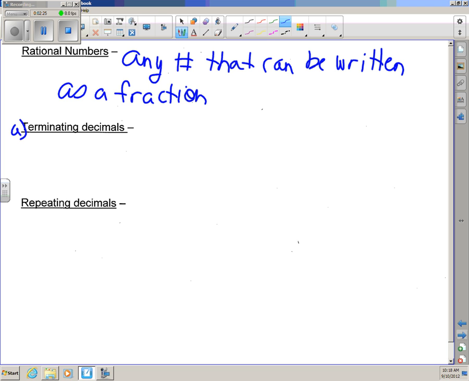If you think about a terminating decimal that ends, think about the number 0.5. Well, that's just a fraction that's equivalent to 1/2. So terminating decimals are also rational because any number that can be written as a fraction and then as a decimal that terminates counts in that category. Another example might be a fourth, because that's a fraction, so it must be rational, but it's a terminating decimal because that's just 0.25.